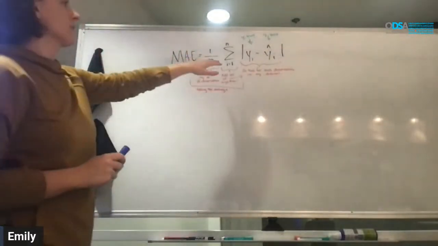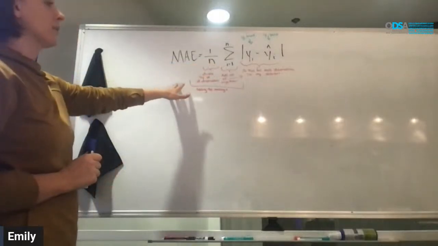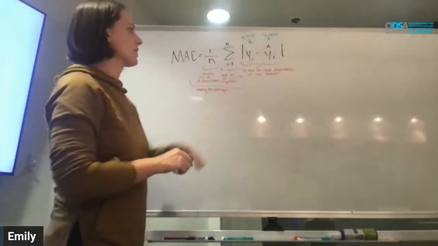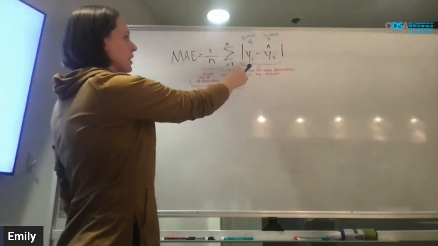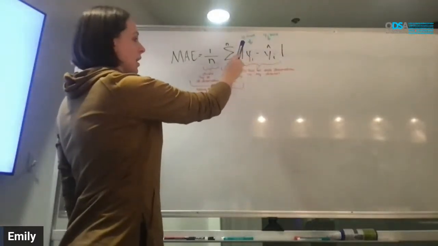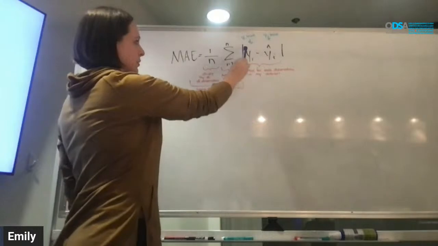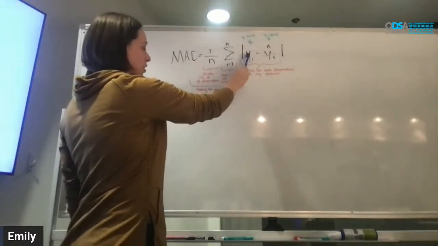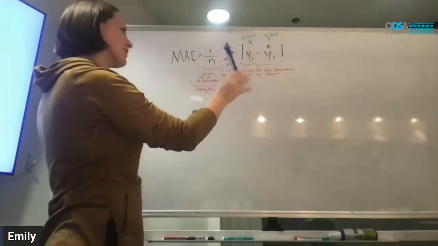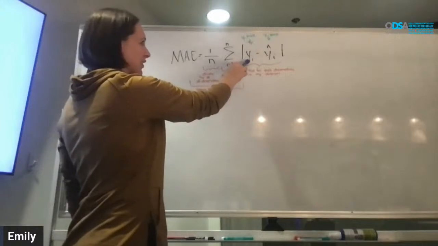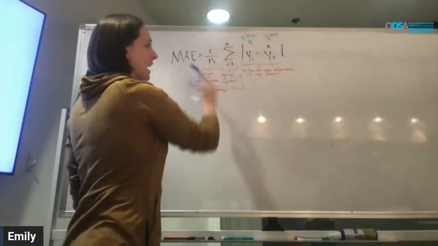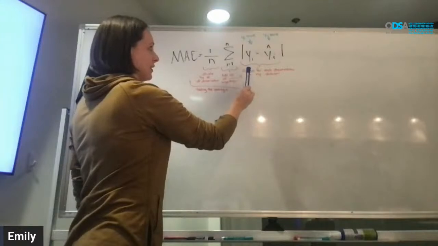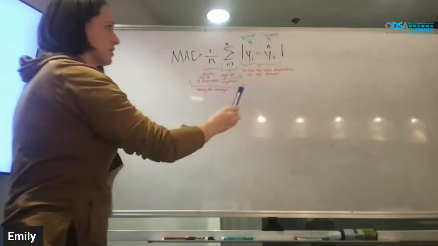So we come back to this, and we can read this now, since we just talked about what's inside here. This is the absolute difference between our true value and our prediction, and the average of that across all of our predictions.